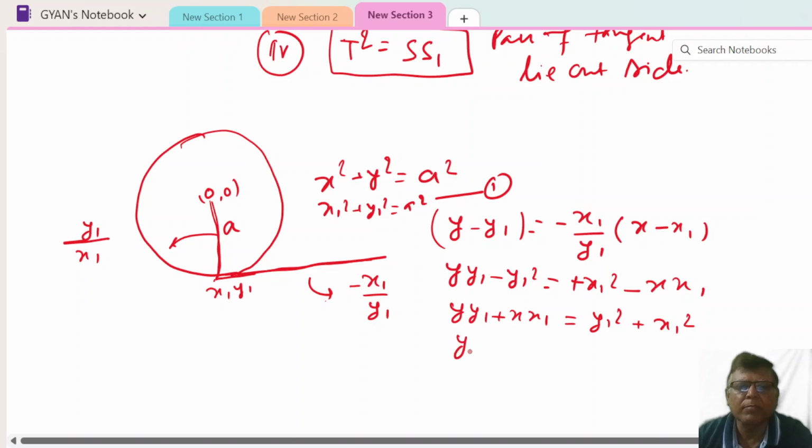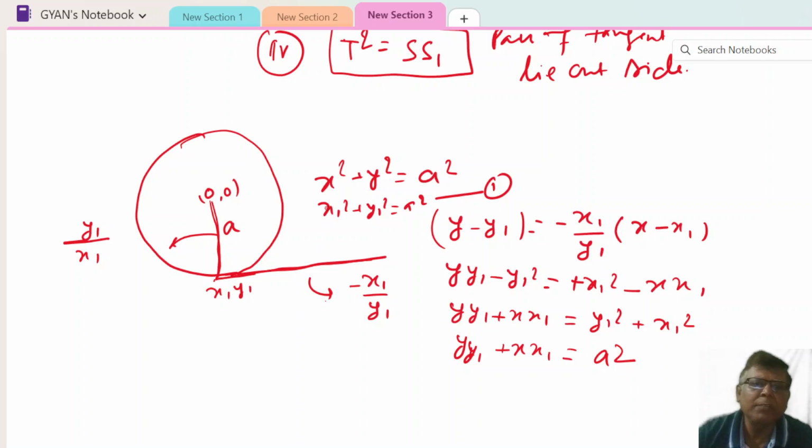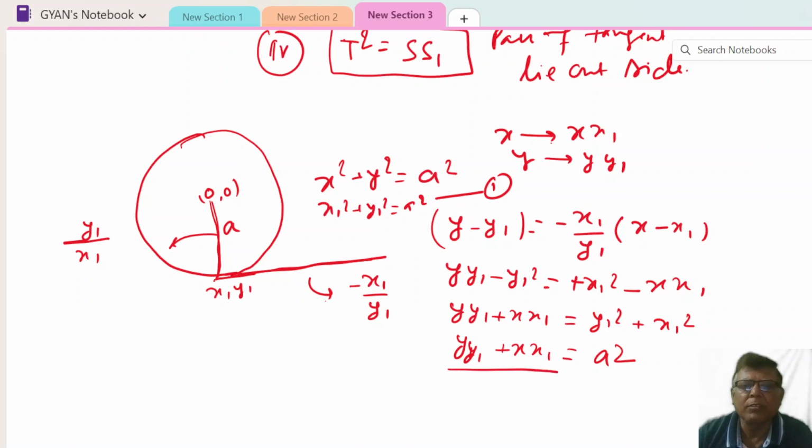So xx1 plus yy1 is equal to a square. This is the equation of the tangent. What we have done actually is replace x square with xx1 and y square with yy1, so the equation becomes this. This is the equation of the tangent.